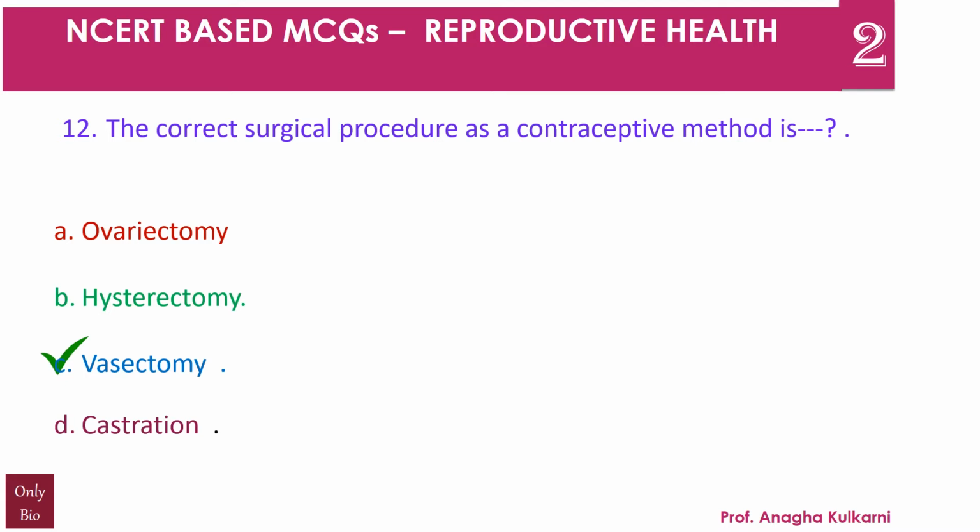It's not ovariectomy. Then vasectomy is a surgical procedure in which the vasa deferentia are cut and tied off as a family planning technique. Castration is the surgical removal of the testes, and hysterectomy is the surgical removal of the uterus. So the correct surgical procedure as a contraceptive method is vasectomy.